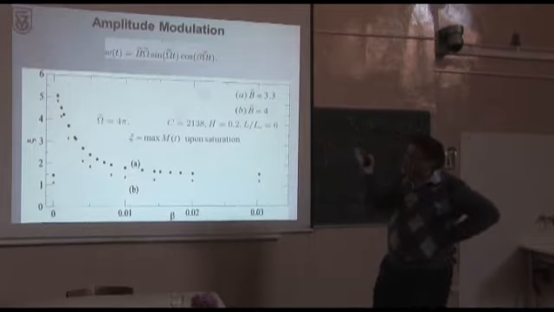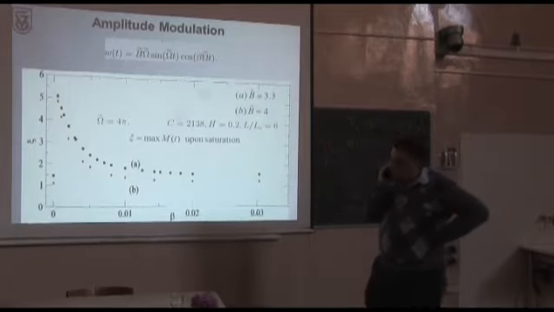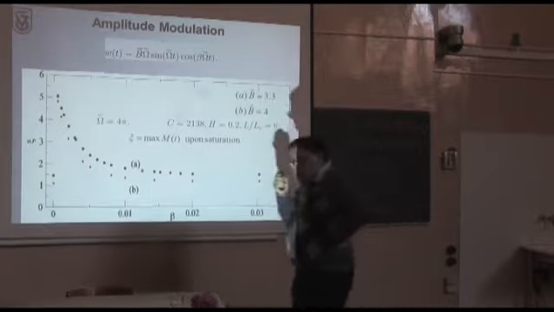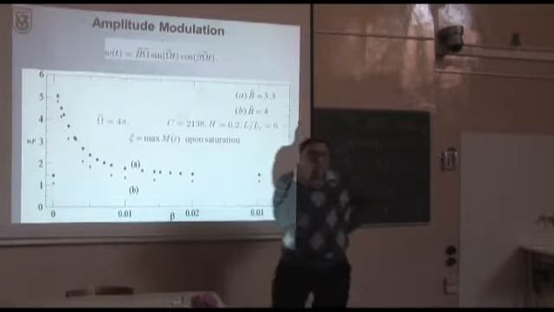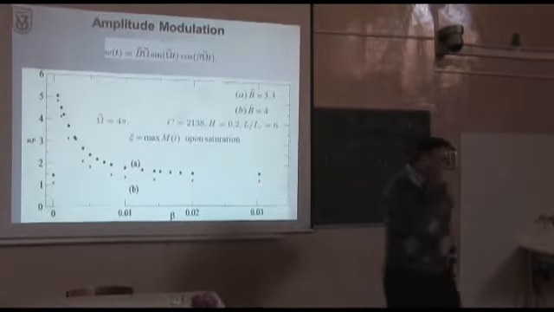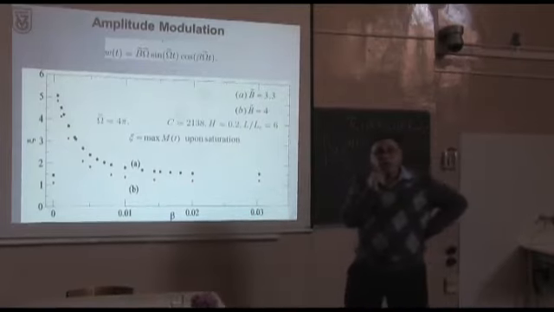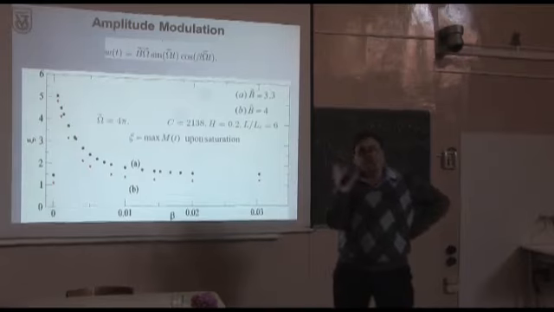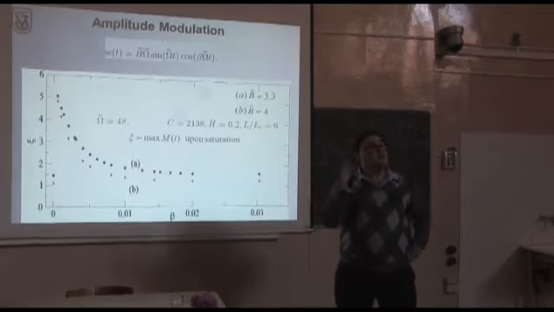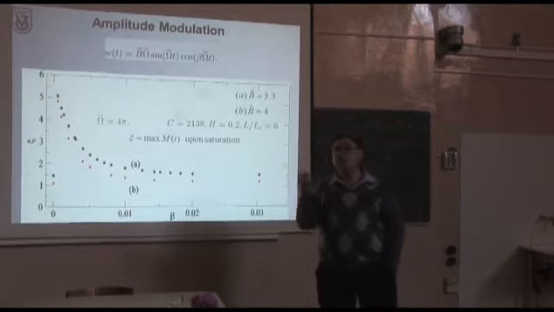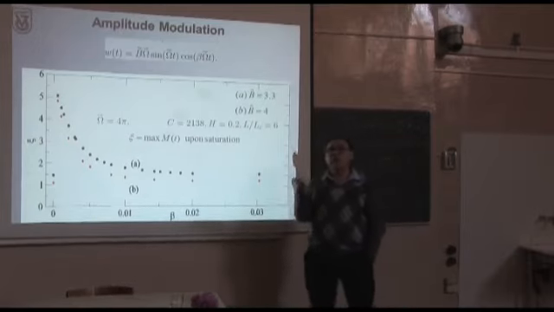I don't like this point, and I still think about it, and my student is thinking about it. Just a conjecture, there might be some asymptotic expansion for small beta which might hint at what's going on there.